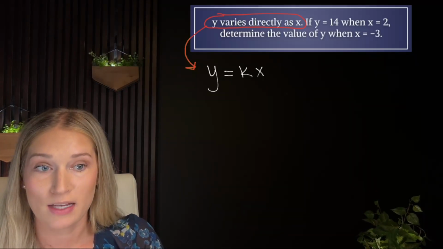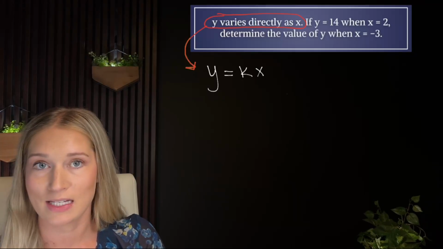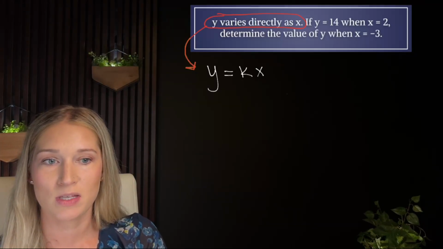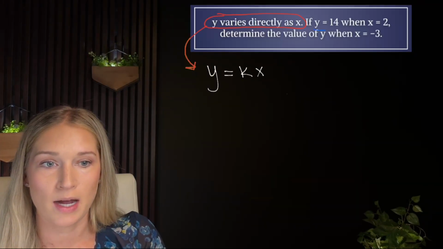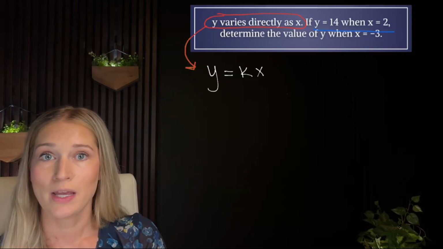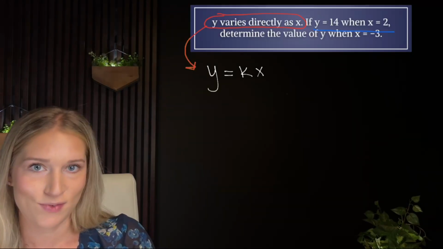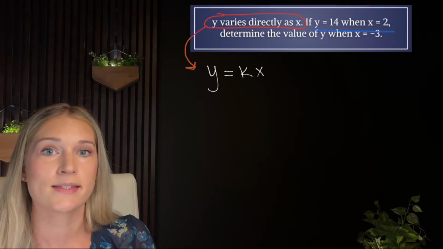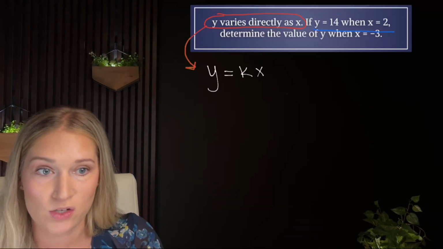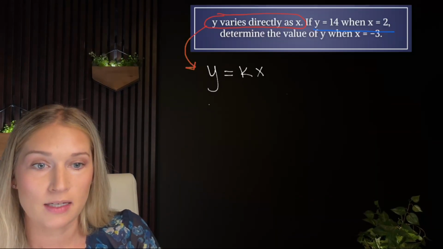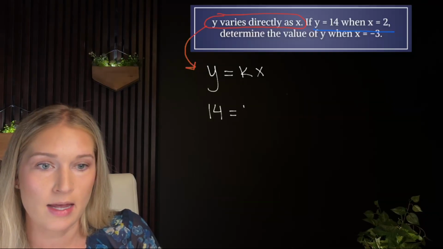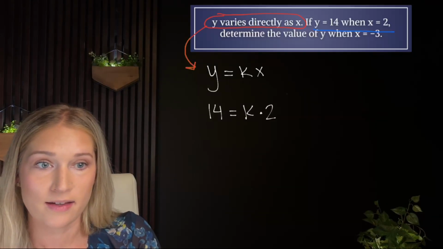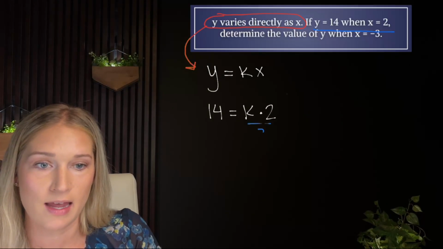They want me to find the value of y when x is negative 3. So the whole reason they give me this first scenario, if y is 14 when x is 2, is so that I can find my k value. Because remember, k, once I know what it is, is going to be the same for the entire question. So I can plug in my 14 for y and my 2 for x and solve for k.